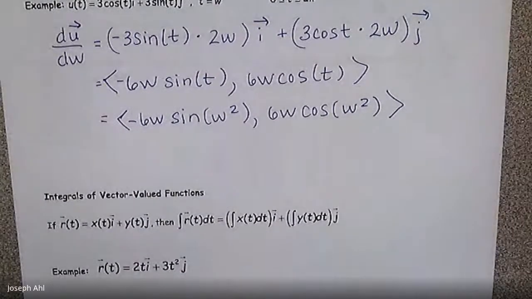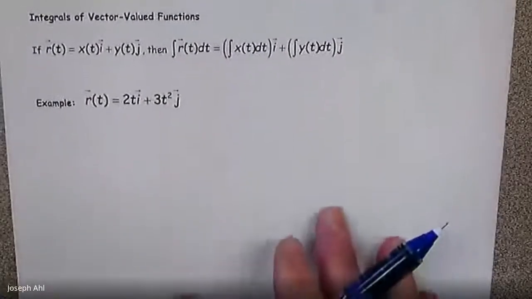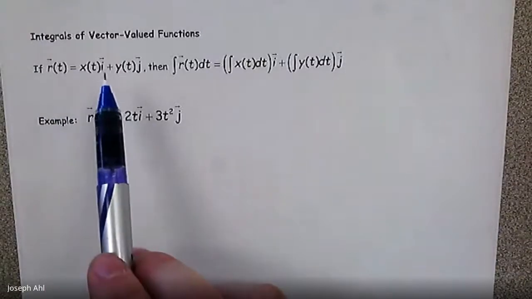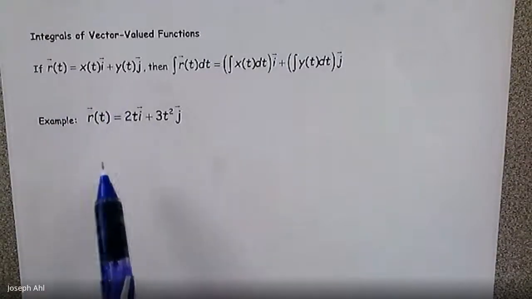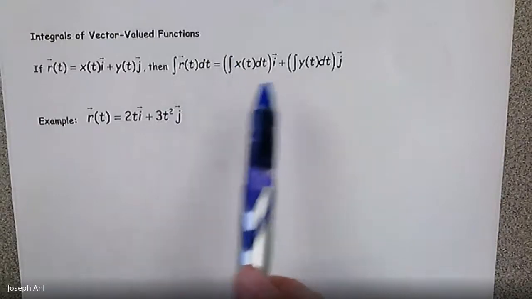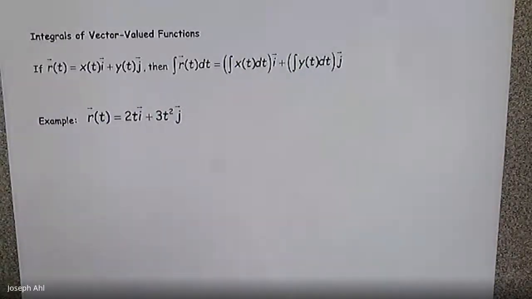And well, hey, guess what? If we can find derivatives, we can find integrals as well. So if we have some vector r of t whose components are x of t and y of t in front of our basis vectors, then the integral would be equivalent to doing the integral of each of those components.